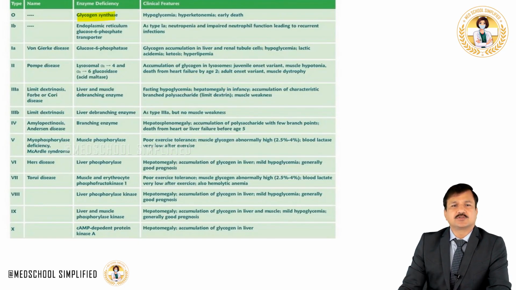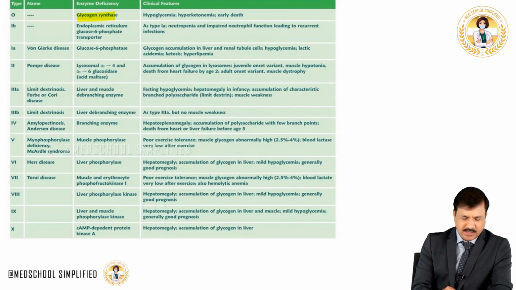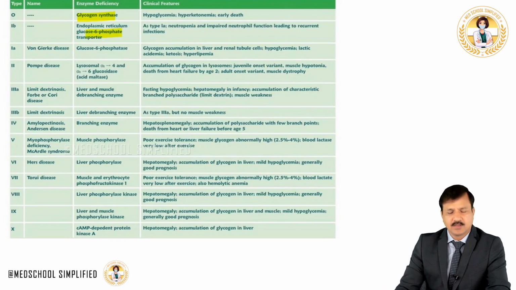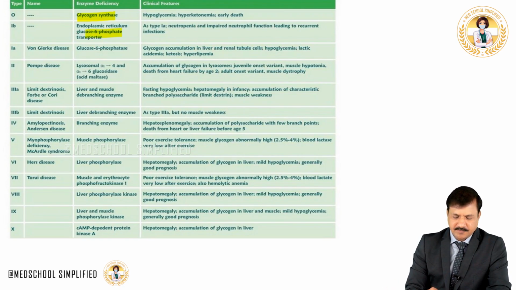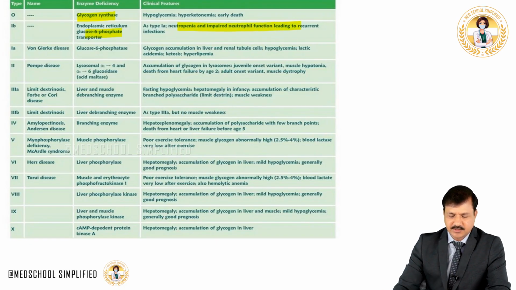Deficiency of that can lead to hypoglycemia, hyperketonemia, and early death. Then we have the endoplasmic reticulum located glucose 6-phosphatase transporter, that is glycogen storage disease 1B, which we are going to see, where the patient will have neutropenia and impairment in neutrophil function leading to recurrent infection.